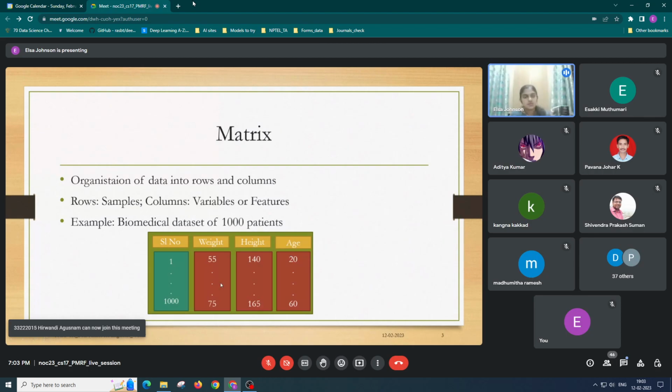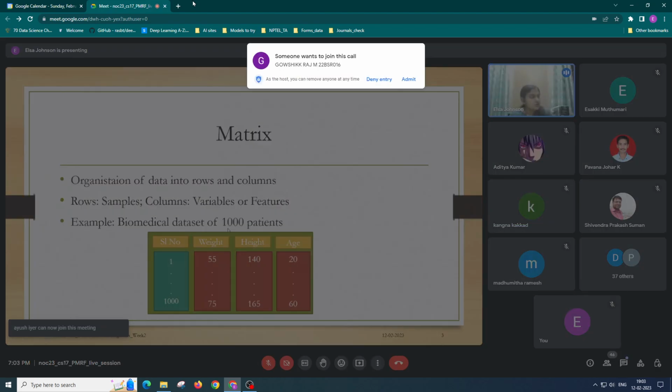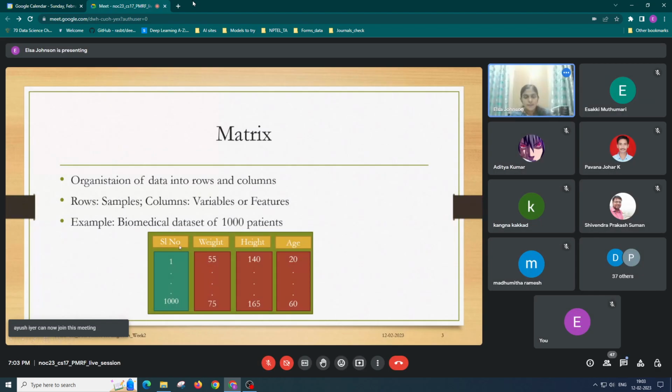Okay, for example, if I'm taking a biomedical data set of 1,000 patients, then these will be the columns: serial number, weight, height, and age. So 1 to 1,000 shown here will be the samples or rows, and serial number, weight, height, and age will be the columns. Okay, so these will be having different values.